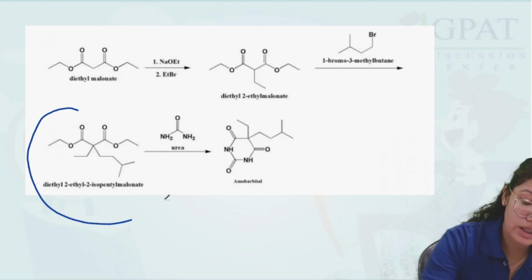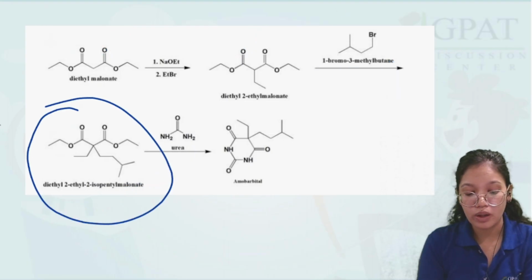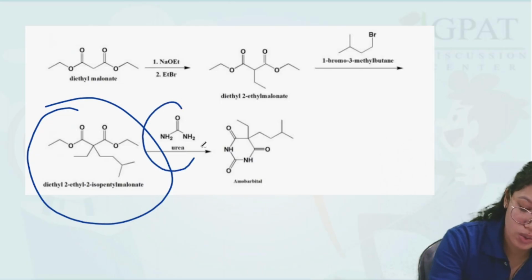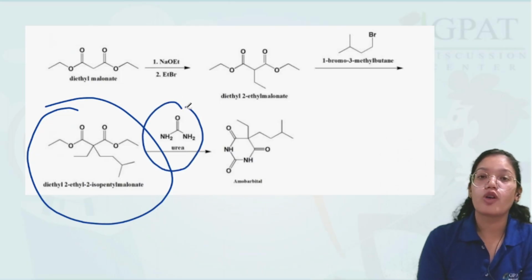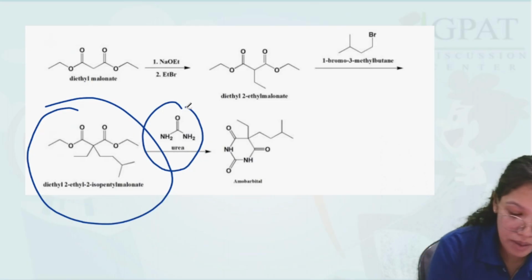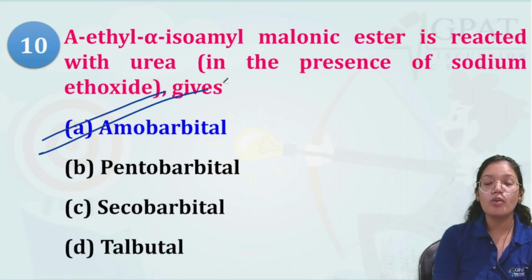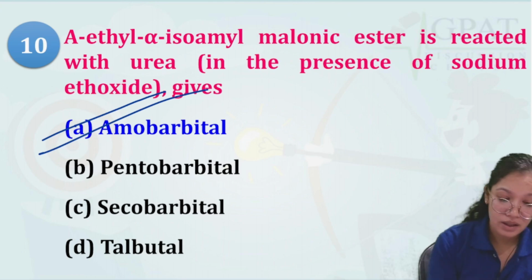This is the reagent that is given. In the presence of urea, it results in the formation of amobarbital. So the answer is A, amobarbital will be formed.